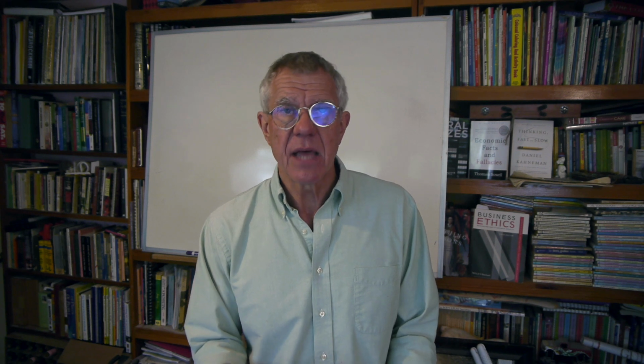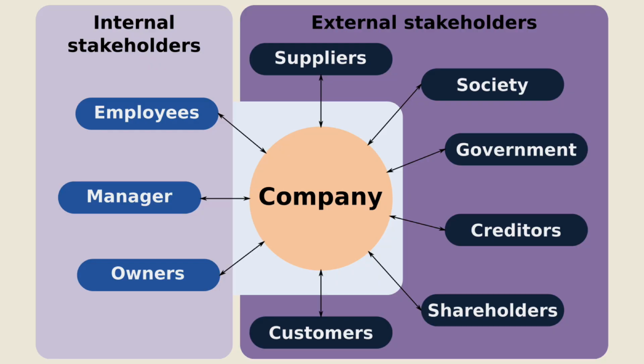And so its responsibilities are to make money, to obey the law, and to be ethical. We've contrasted that with stakeholder theory. Edward Freeman says that a business has responsibilities to all of its stakeholders, all those with a stake in the company. That includes employees, customers, suppliers, and perhaps the larger community.